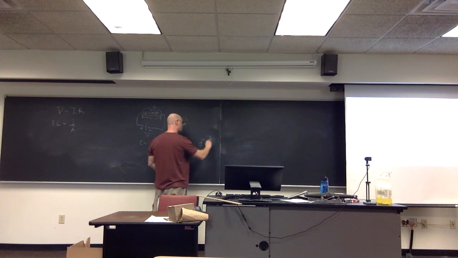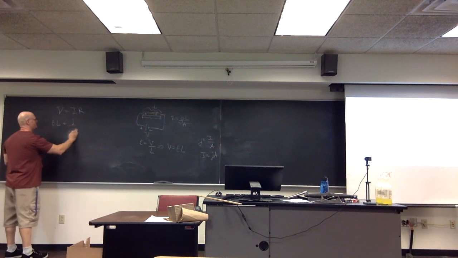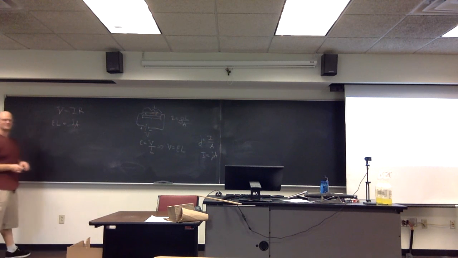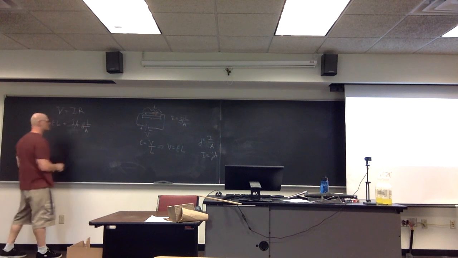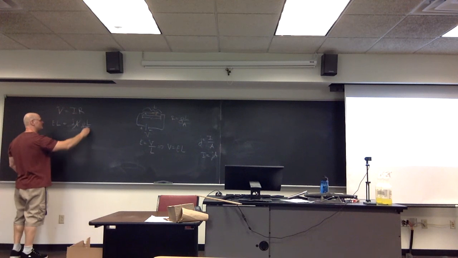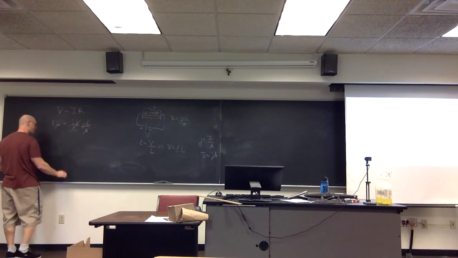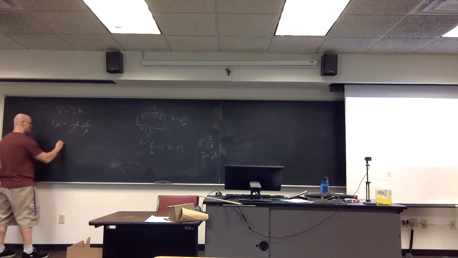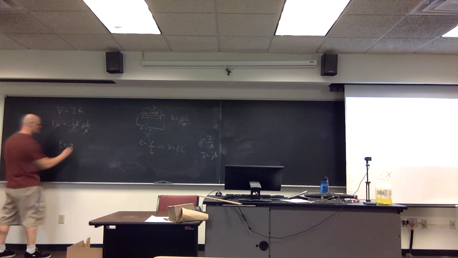Current density is current divided by area, which means current is current density times the area, times the resistance, which is simply equal to the resistivity times the length of the wire divided by the cross-sectional area. So this area here cancels this area. This length here cancels this length.